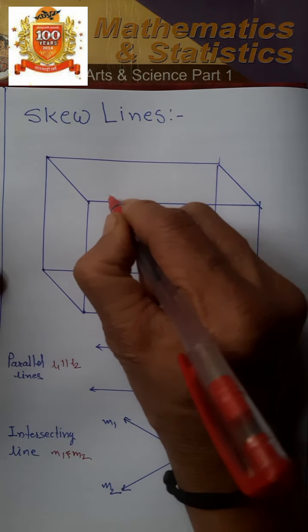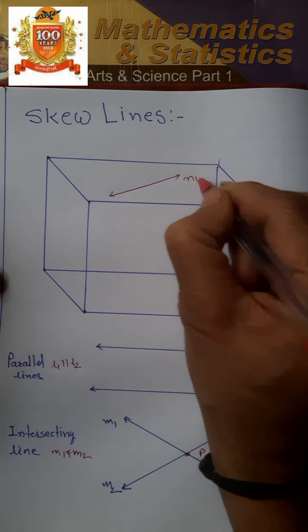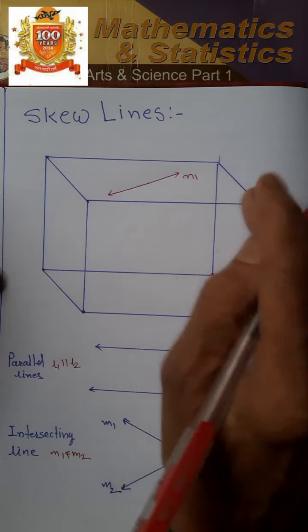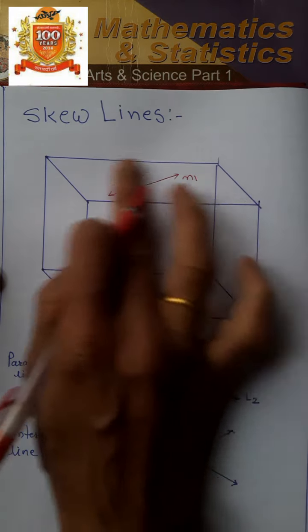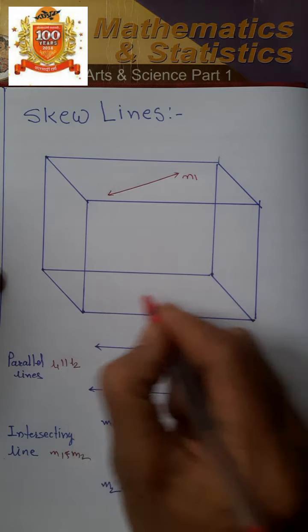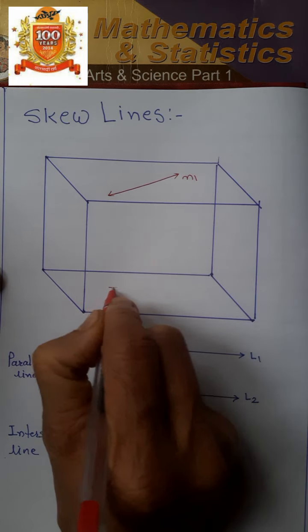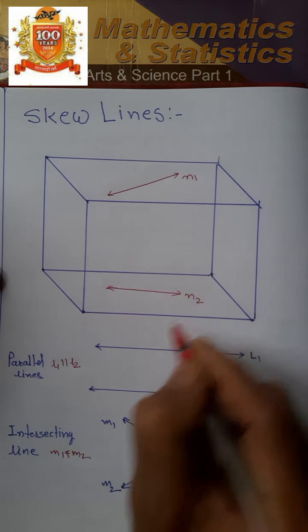Suppose this is line N1, and it is on this top plane, and this is another line N2.